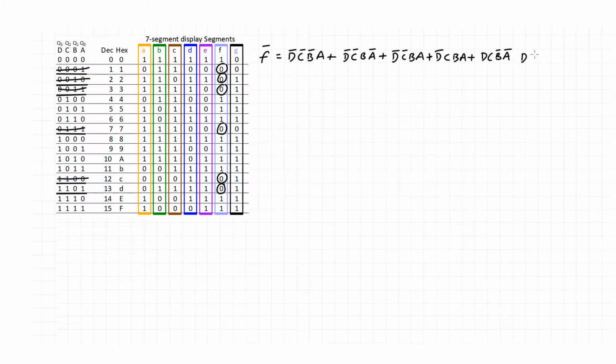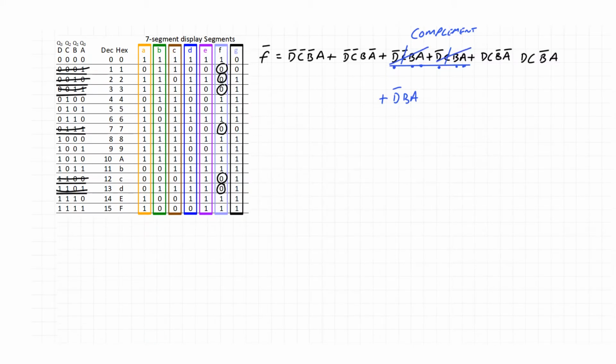Cross that off. Or DC, not B, not A. DC, not B, A. So there's the complement law in the last two. And in the third and fourth, we've got common factors, and we can complement out the value of C, because it doesn't matter whether C is high or low, because both terms are true.